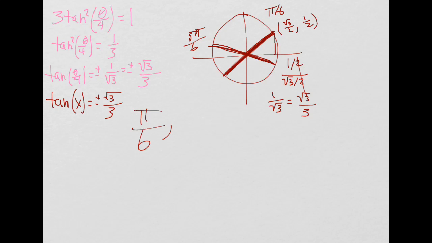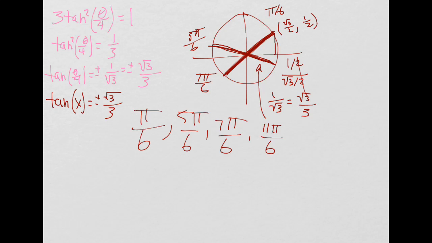Again, this is really stemming from understanding the unit circle and all the symmetry that is inherent in the unit circle. Then we get our next value right here, 7 pi over 6. So we're knocking them off. And then our last one, of course, is 11 pi over 6. That guy right there. And we're done.